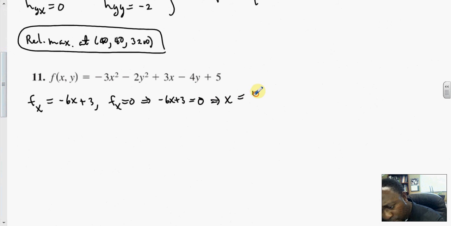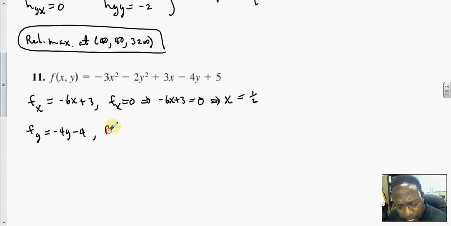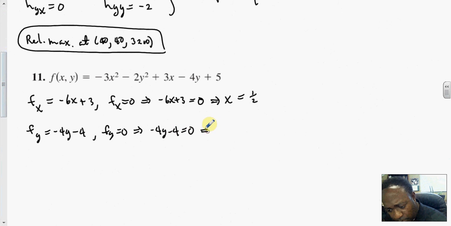That implies that x is equal to 1/2. Find the partial of f with respect to y. So we get negative 4y minus 4. If we set this partial derivative equal to 0, then negative 4y minus 4 equal to 0. That implies that y is equal to negative 1.